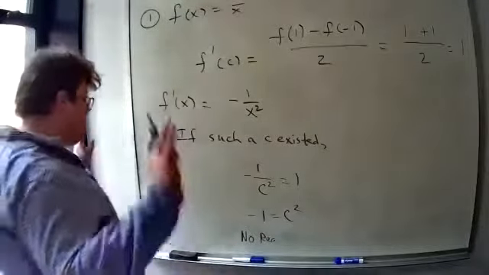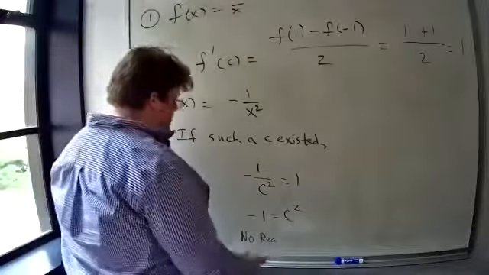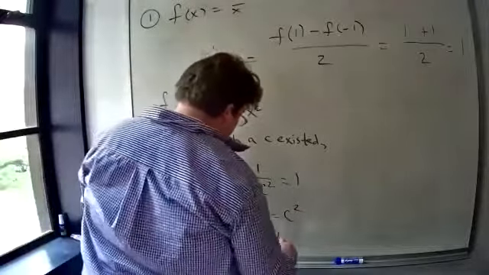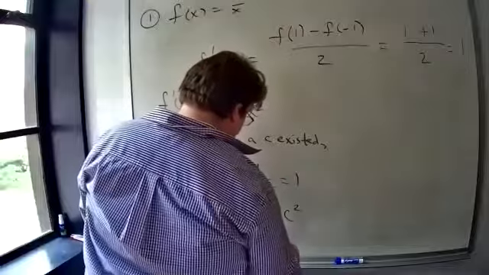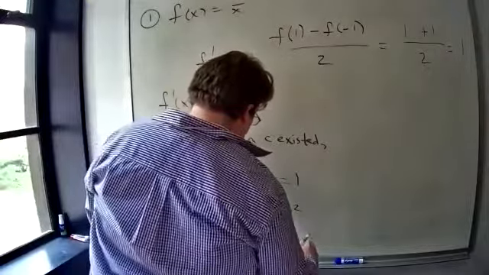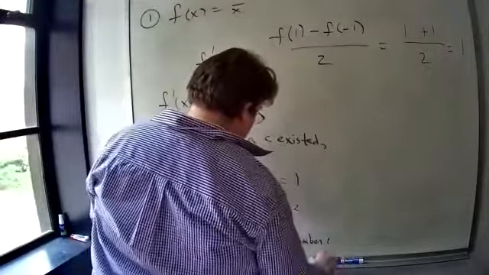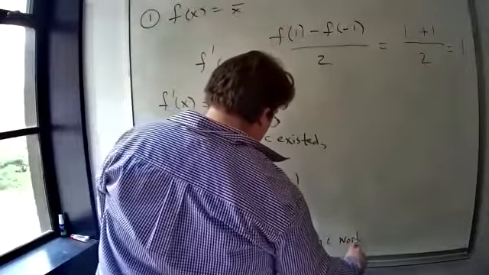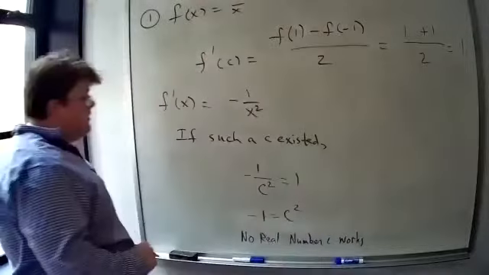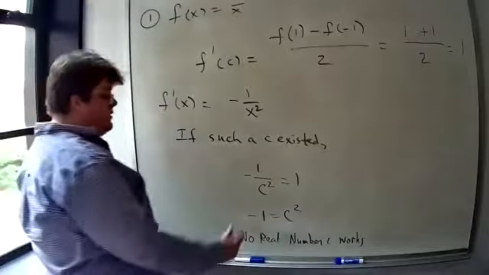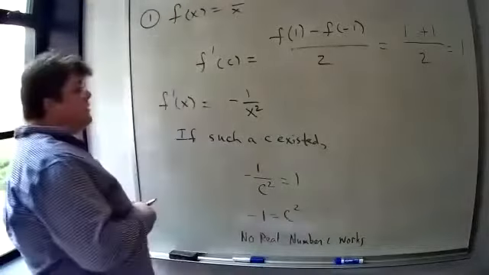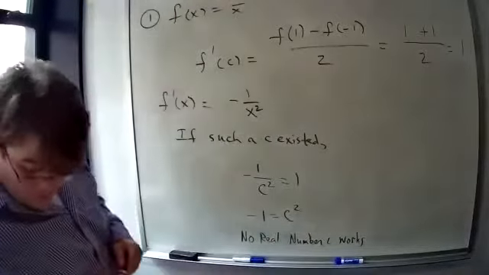Now we're not doing complex number analysis. No real number c works. So if a c existed, its square must be -1, and that does not exist on the real number line.